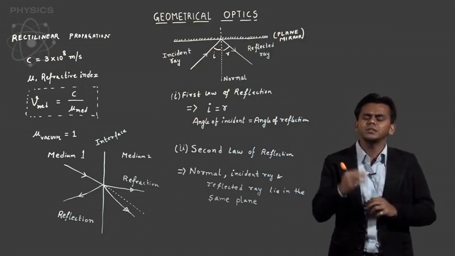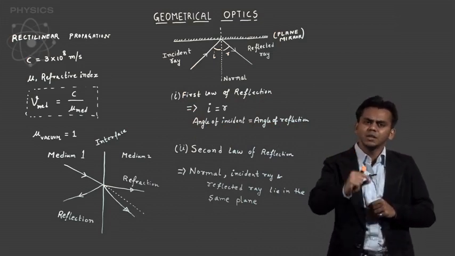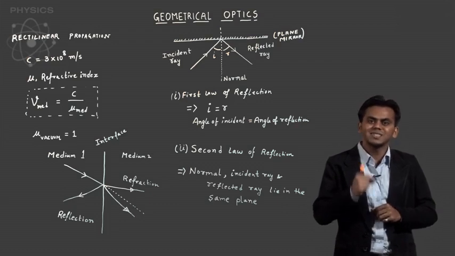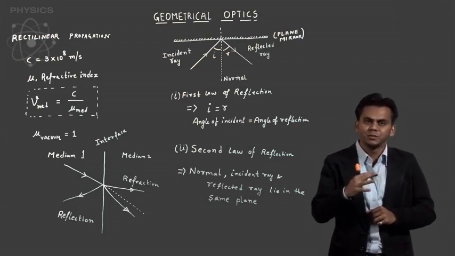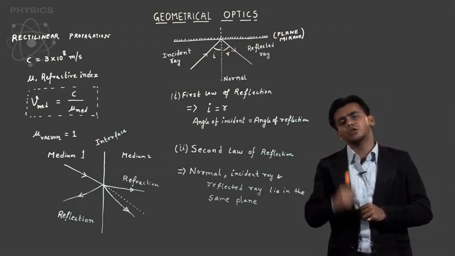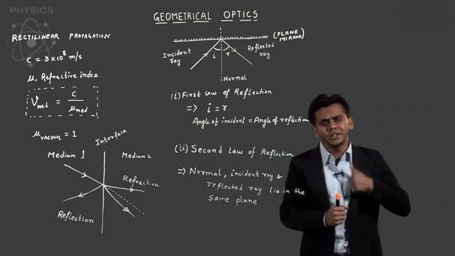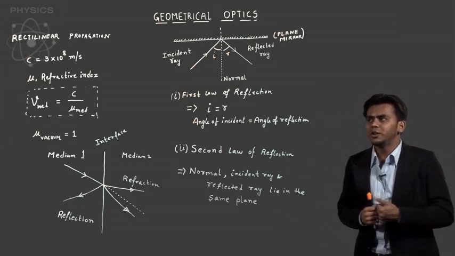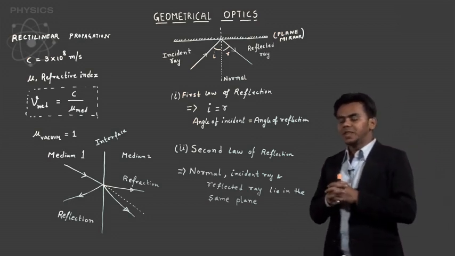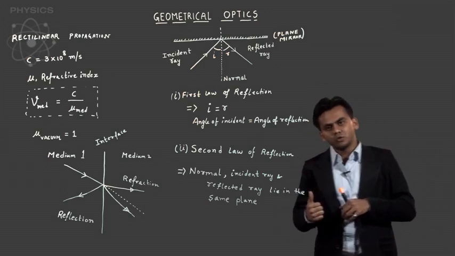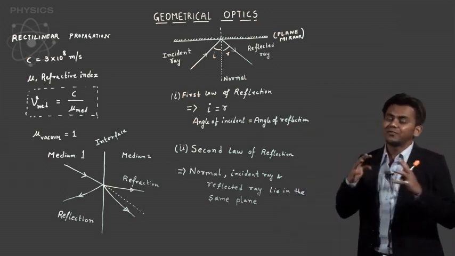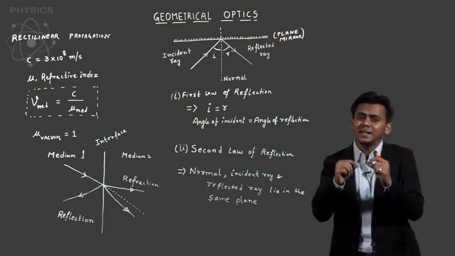Now the intersection, if it's happening on its own, which means the rays of light are meeting on their own, then I have a real image. But if they're not meeting on their own and I'm using geometrical construction, I'm doing it deliberately, then it is a virtual image. So real image is formed when the reflected rays are actually meeting at a point.